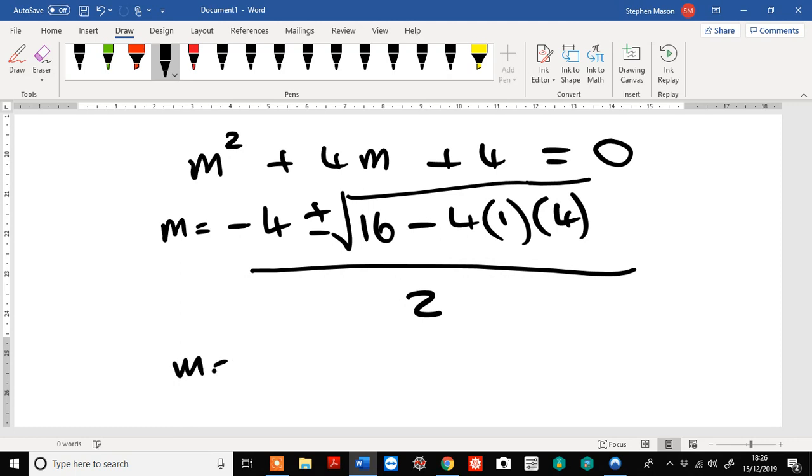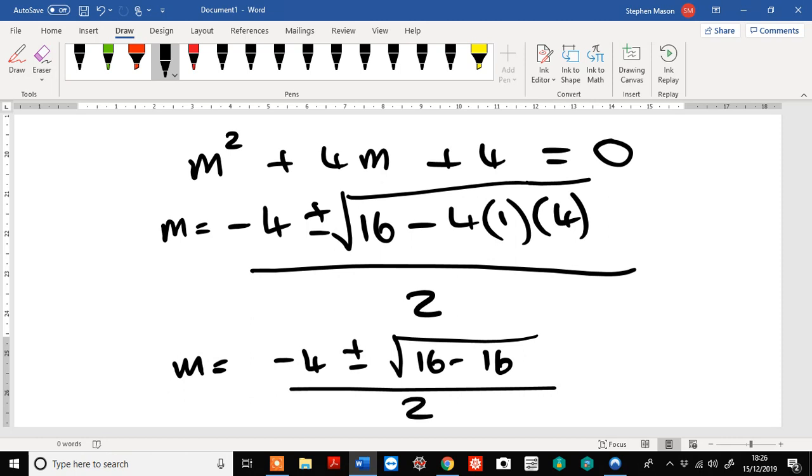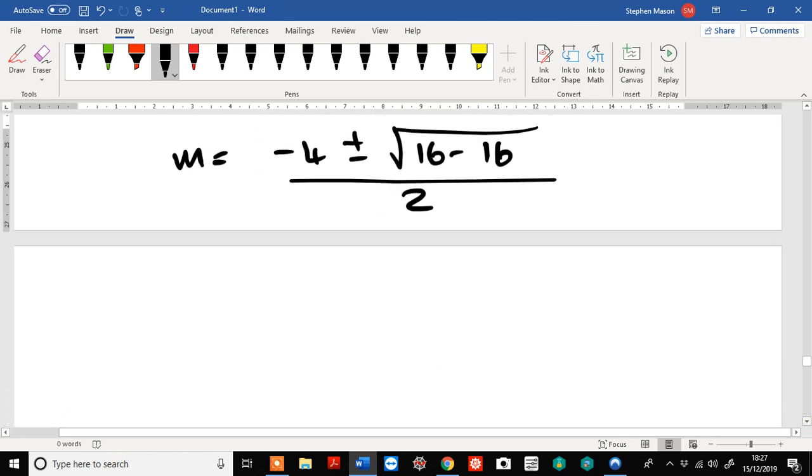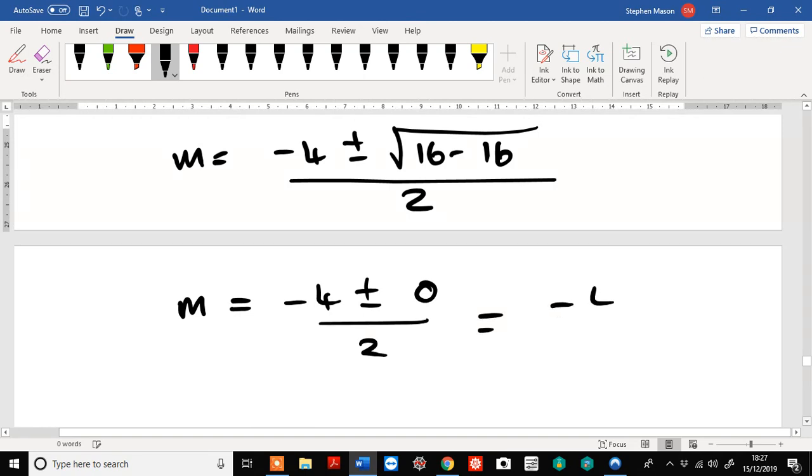So we've got m equals minus 4 plus or minus the square root of 16 minus 16 over 2. Okie doke. And we see that we've got m equal to minus 4 plus or minus 0 all divided by 2, which is just minus 4 over 2, which is minus 2.